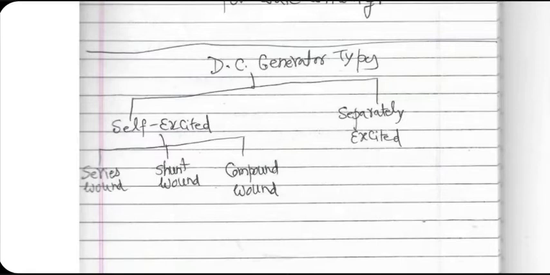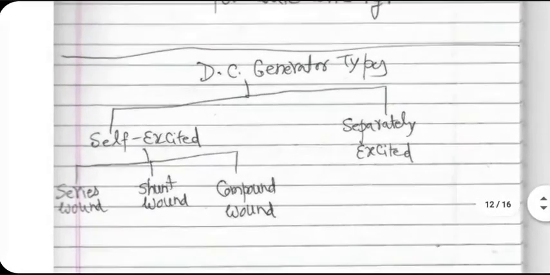Compound means part of the connection is in parallel between the two windings and the remaining part is in series. Shunt wound means both the windings are 100% in parallel. Series wound means both the windings are 100% in series with each other. All options are open. Compound wound generally gives you more flexibility in terms of optimizing the performance.